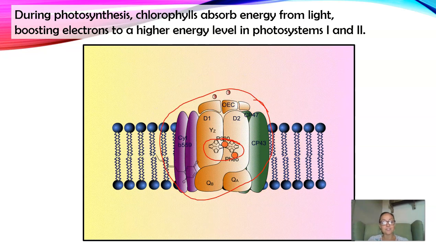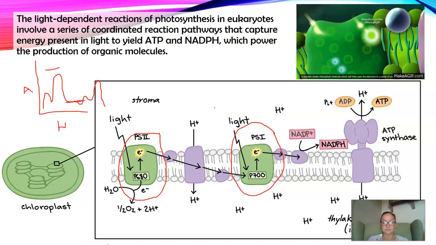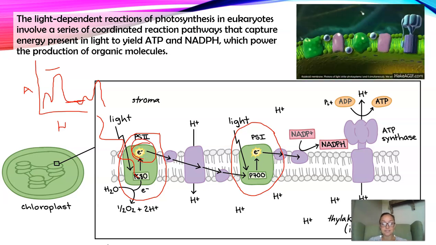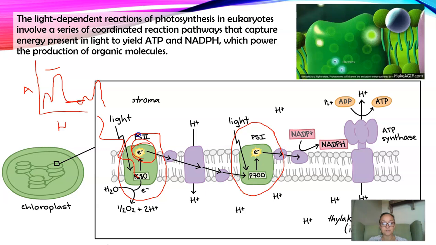When the light shines on, you're going to have electrons, which are these orange things here, that get passed into the electron transport chain. So in this video, the light shines down, electrons are donated, or excited to a higher energy state, and they enter into the electron transport chain.